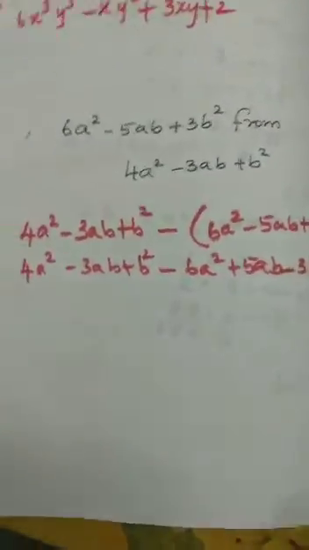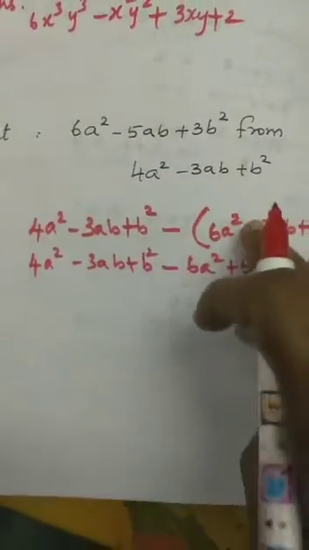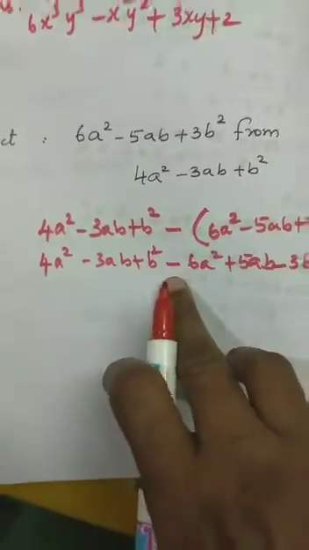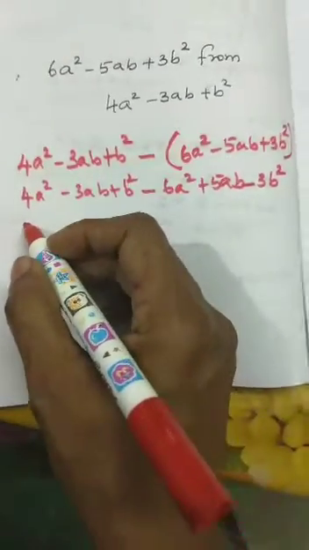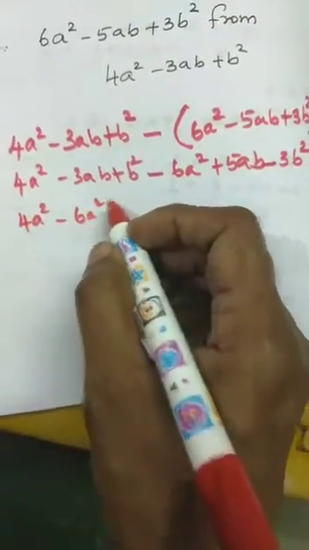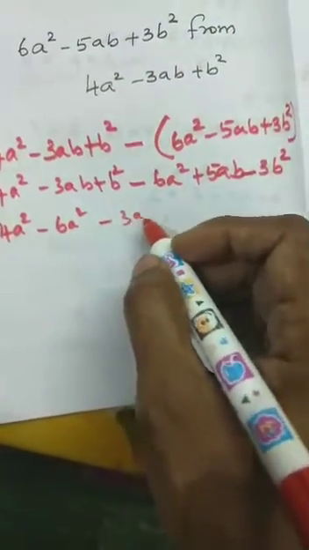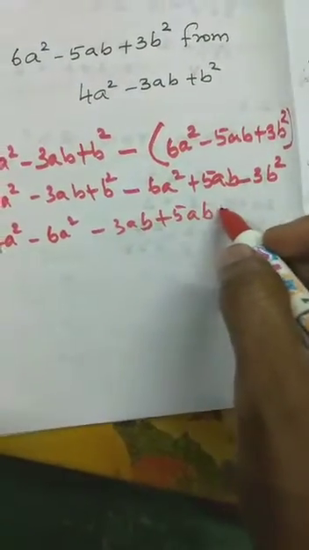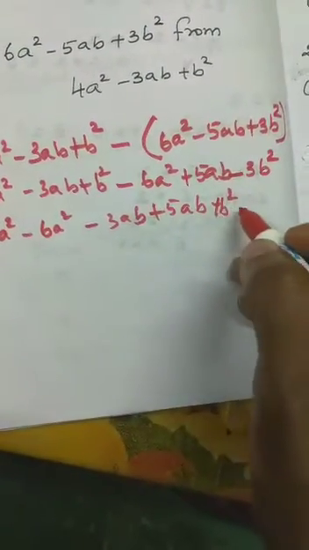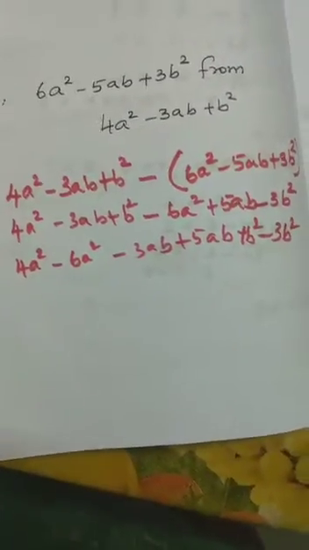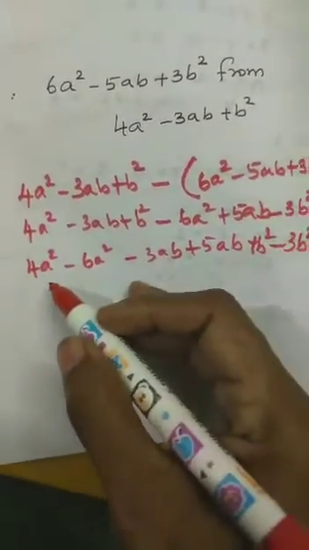Minus and plus becomes minus. Minus and minus becomes plus. Here already we have plus. Plus and minus becomes minus. Now write the like terms together: 4a square minus 6a square minus 3ab plus 5ab, plus b square minus 3b square. Now you subtract.